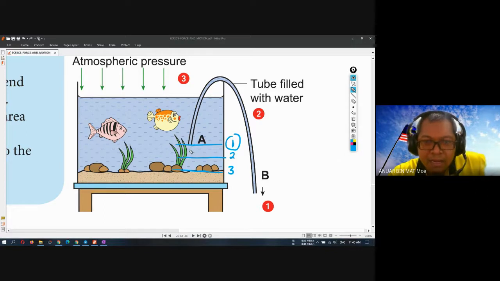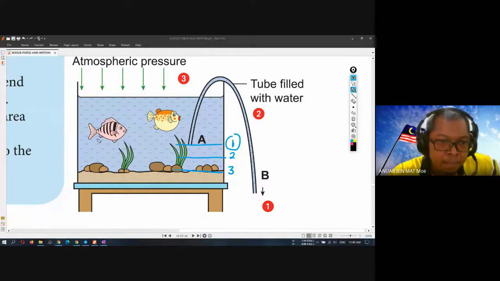Because the end of the tube at A is just upper, this one. So the water in the water tank here is not completely removed.